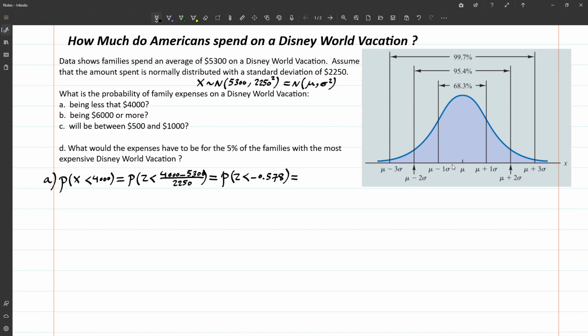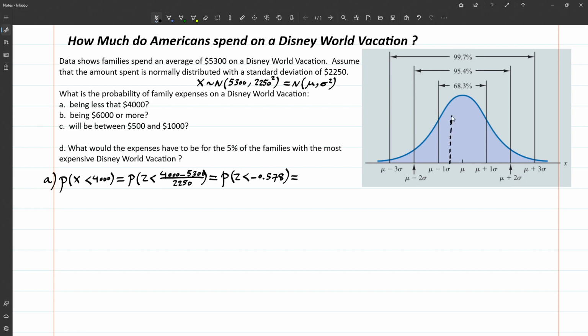That means roughly half a sigma to the left of mu. This point is mu, and we are talking about roughly this point.